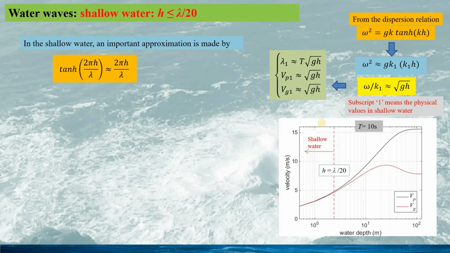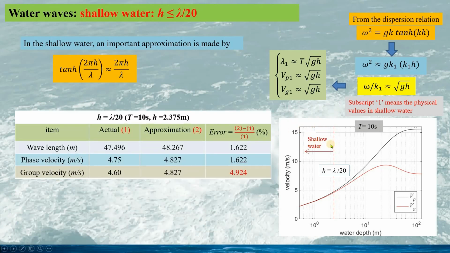If we take the same wave with a wave period of 10 seconds, in shallow water the water depth would be 2.375 meters, and we can compare the actual values and the approximations for the wavelength, phase velocity, and group velocity.